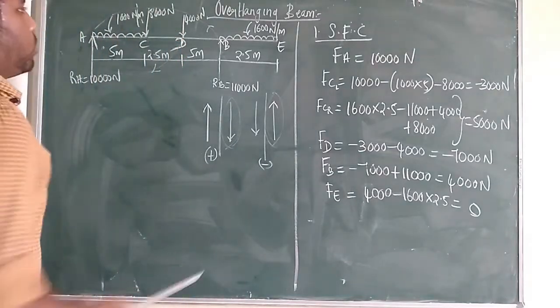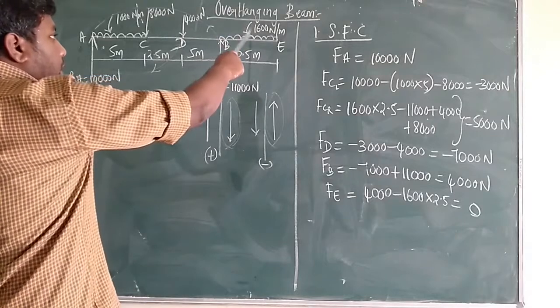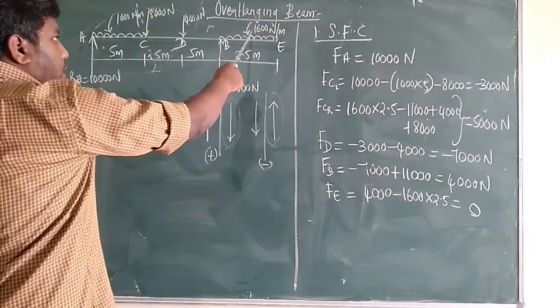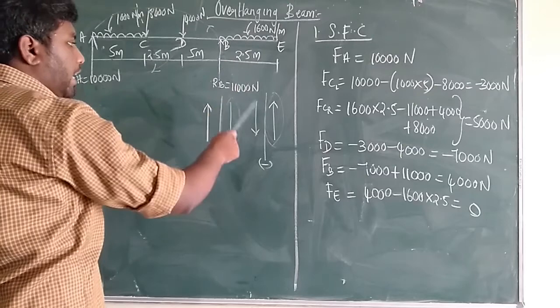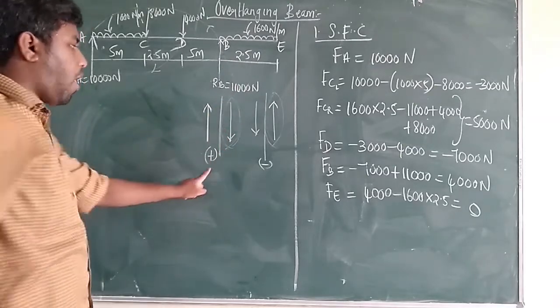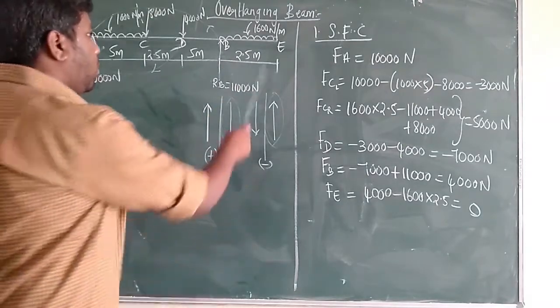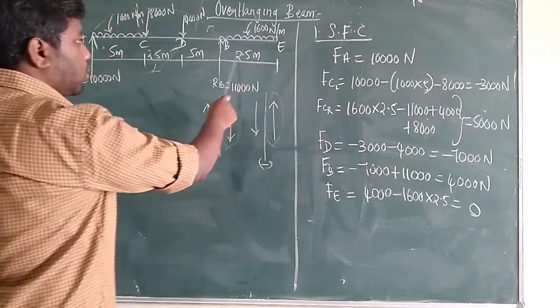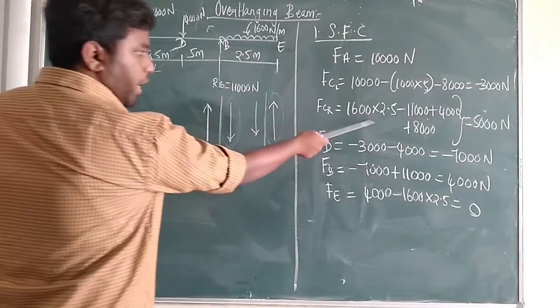This is a downward direction, and a downward direction at the right of the section is positive. So plus 1600 into 2.5, load into distance.